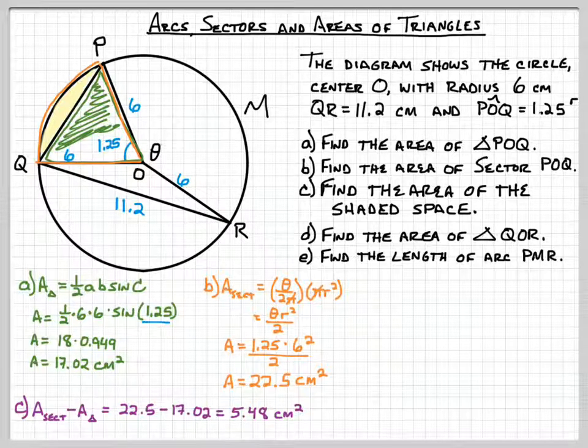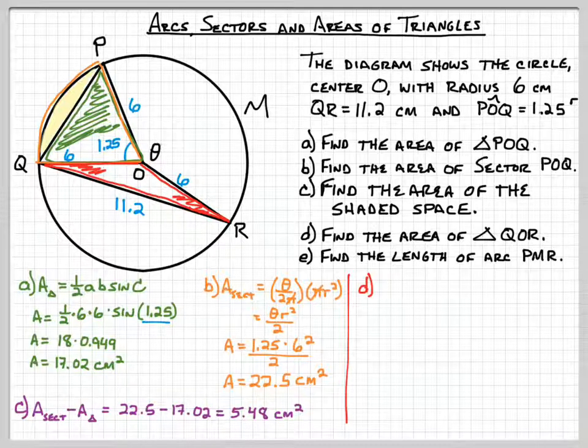For the second half of this problem, we're going to find the area of triangle QOR, this triangle here. We've got our 3 sides, but we do not have an angle measurement, and we need an angle to use the area of a non-right triangle formula.